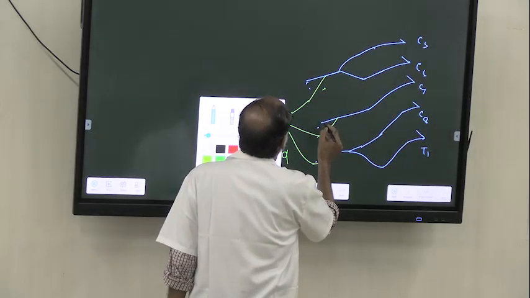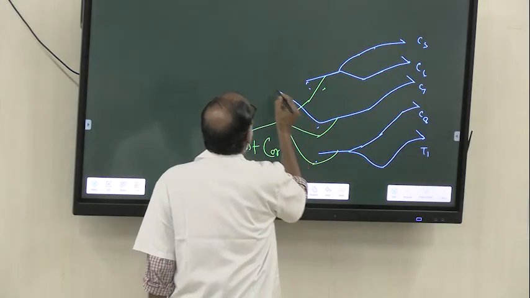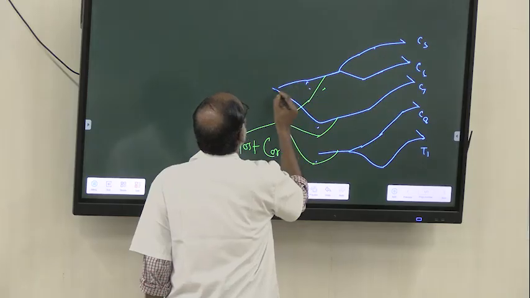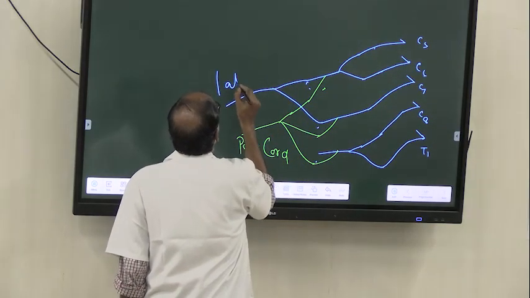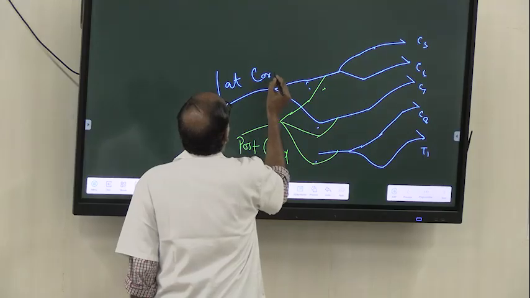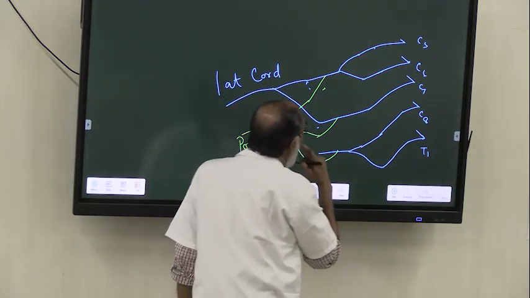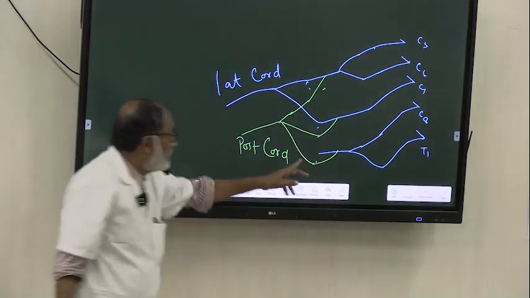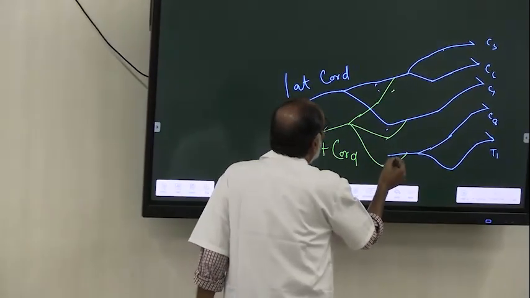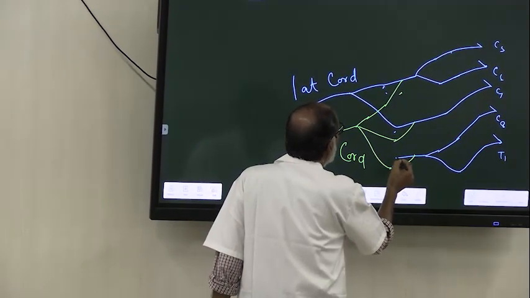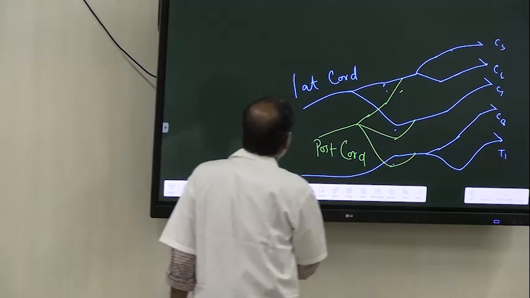This one and this one form lateral cord. And anterior division of the lower trunk will be continued as medial cord.